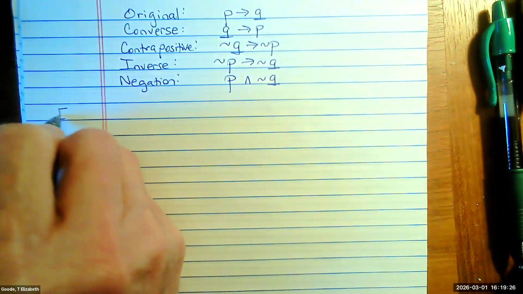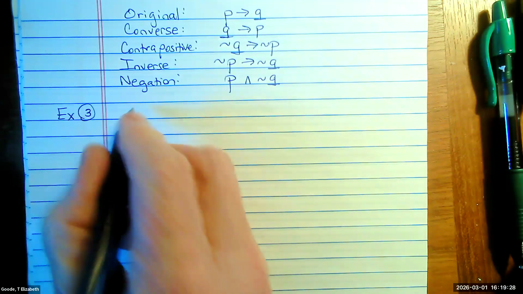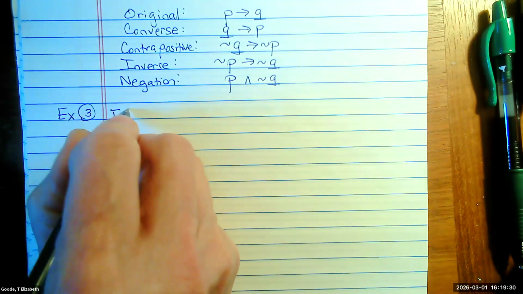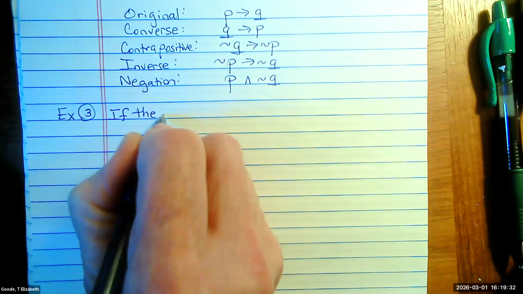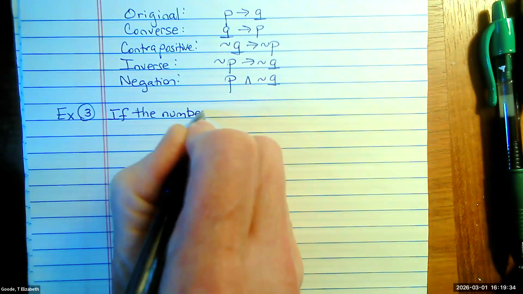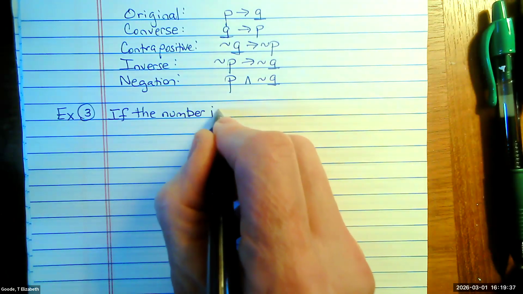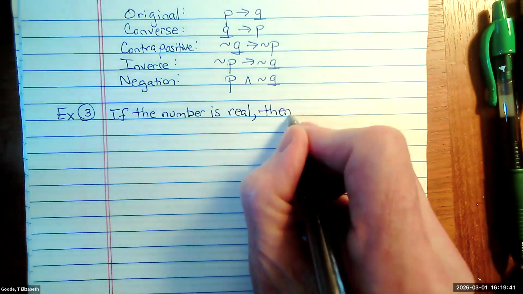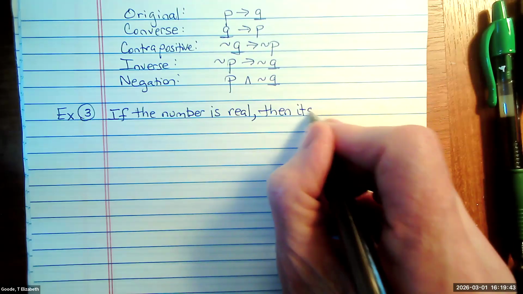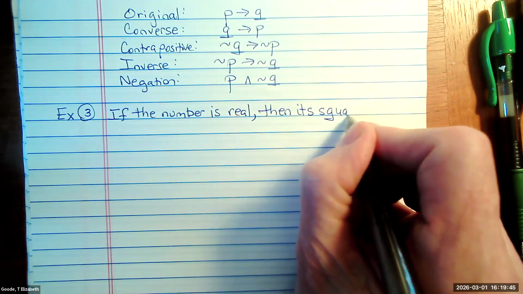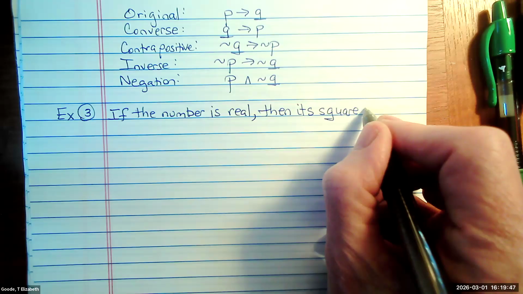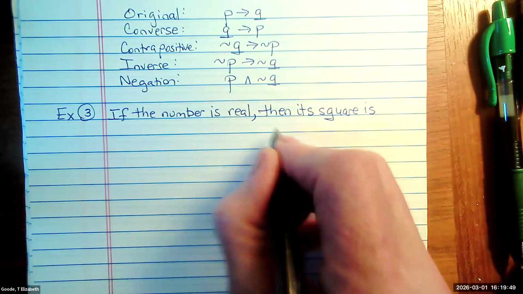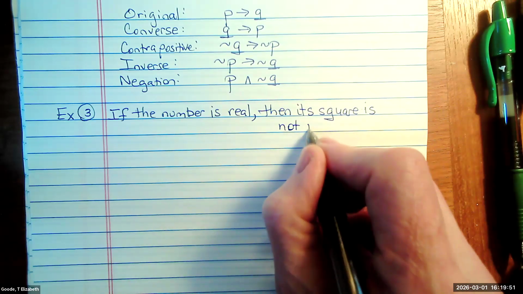So what if we are given something like this? If the number is real, then its square is not negative.